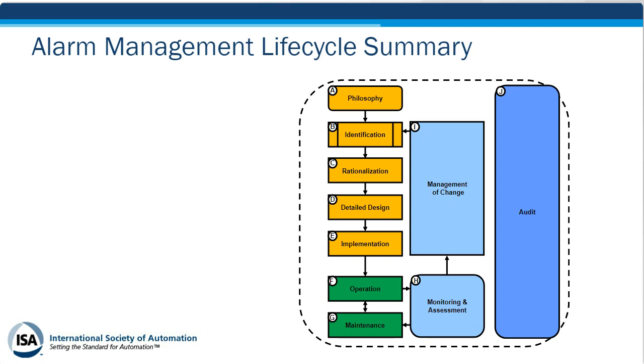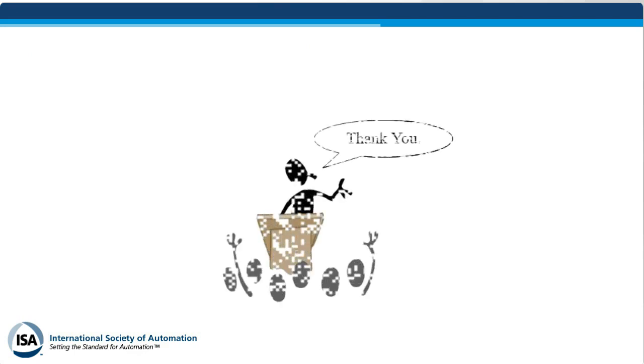But you can look at CSB reports within the last couple of years of facilities that may or may not be implementing what's in IEC 62682 or 18.2, and have continued to have incidents, right? So, I would say the process industries as a whole, not just the hazardous industries, have been starting to implement this over the last 10 or so years, but it's kind of hit or miss.